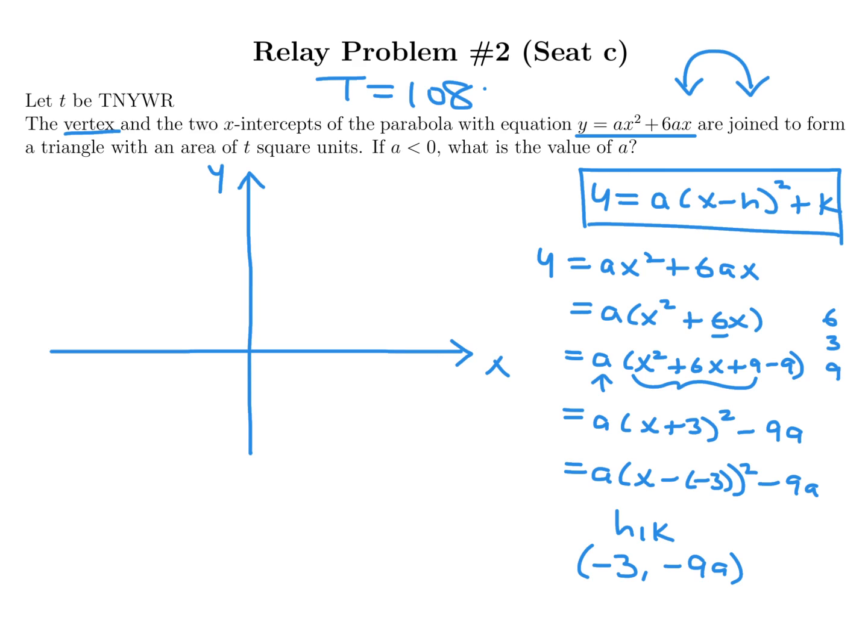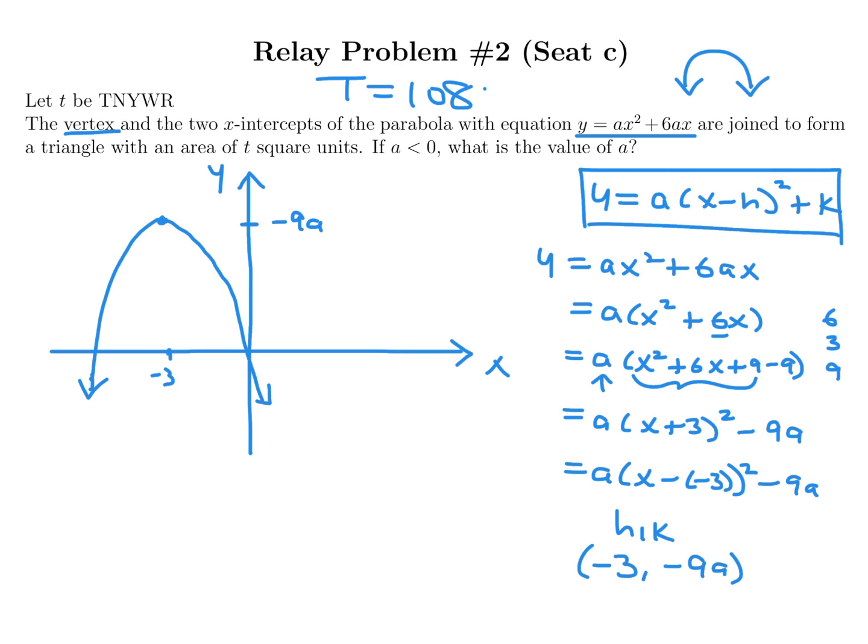So minus 3 obviously is somewhere here, and since a is less than 0, minus 9 times a would be a positive number, so it would be up here somewhere. So the vertex is here, and then it opens downward like that. So this is minus 3, and that's the vertex.